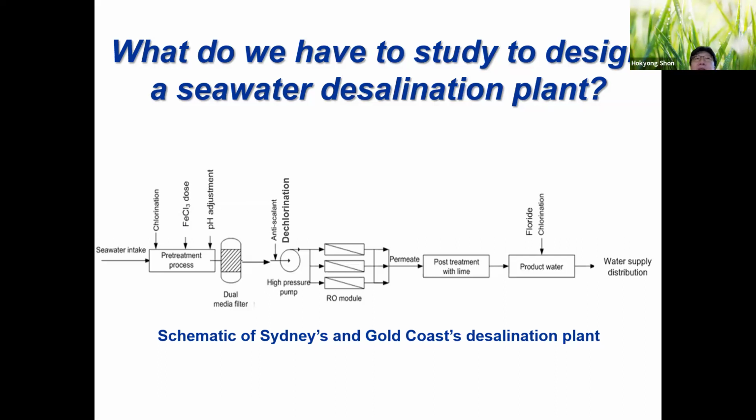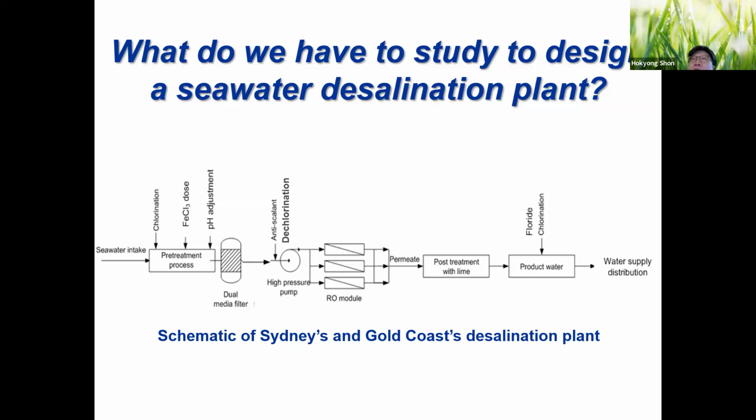So seawater pH is 8 because of a lot of alkalinity inside the seawater. Especially, you know that in the seawater, we have CO2, the CO2 in the air.